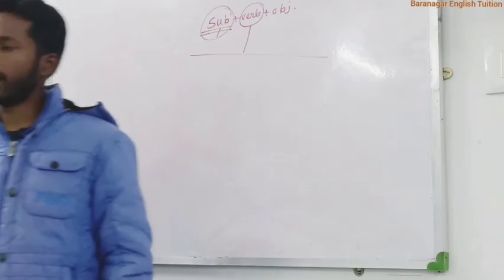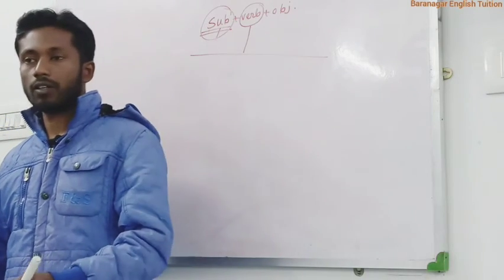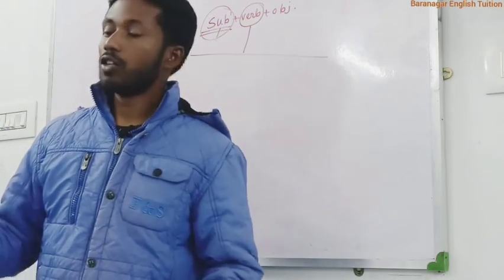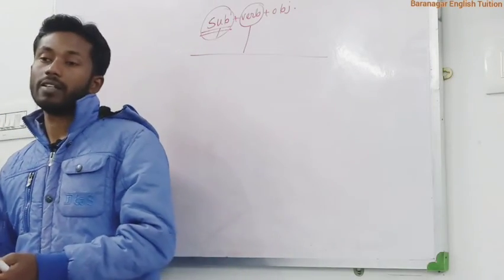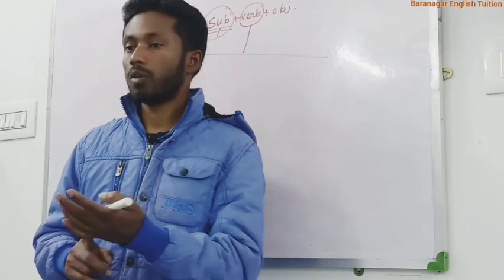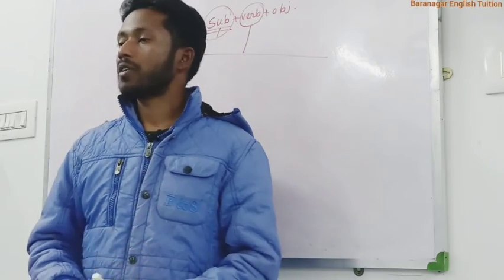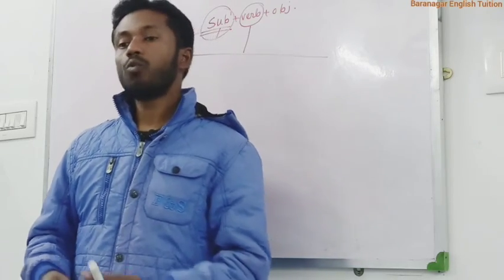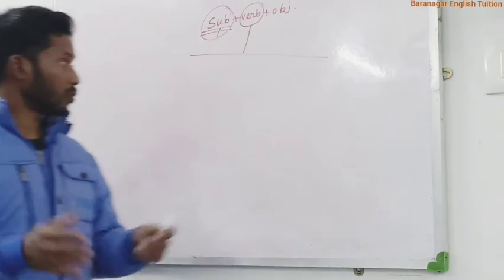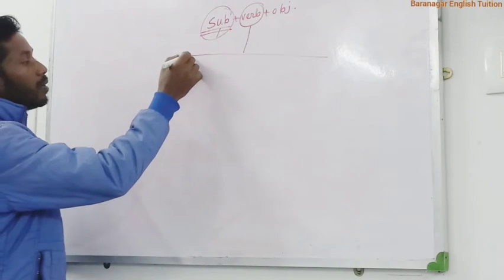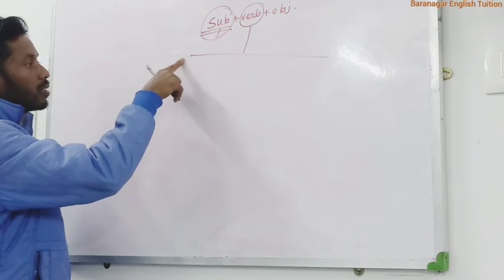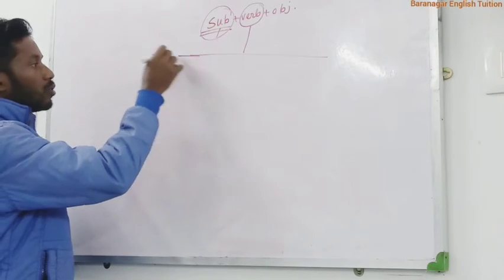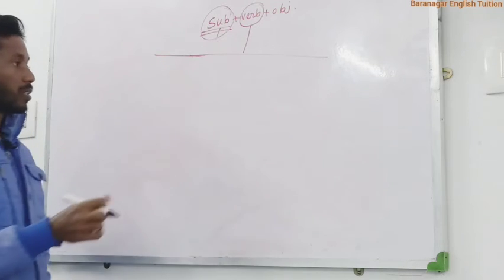We simply understand that there are verbs like go, play, like this. So these are main verbs. Main verbs are also divided into weak verbs and strong verbs. I need space, so let's get a space.